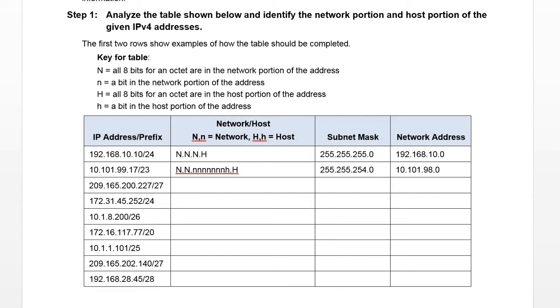This number is also called a prefix. In this assignment, the IP version 4 address and the prefix are given information, and we must calculate the 4-octet version and other information. Let's get started.